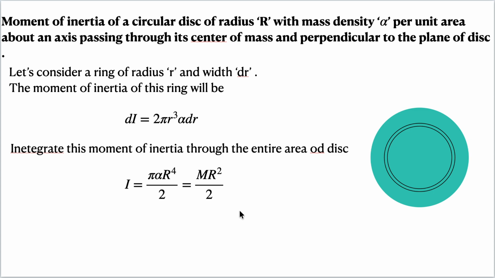So we integrate and we obtain I equals pi alpha r to the fourth upon 2, which will be equal to m r square upon 2. So we remember this standard result, that the moment of inertia of a circular disk about an axis passing through the center of mass and perpendicular to it is m r square upon 2.